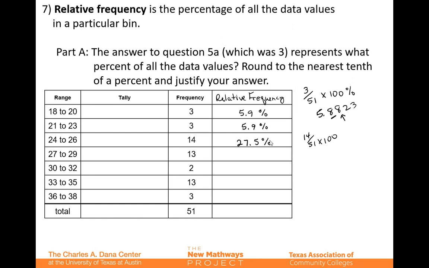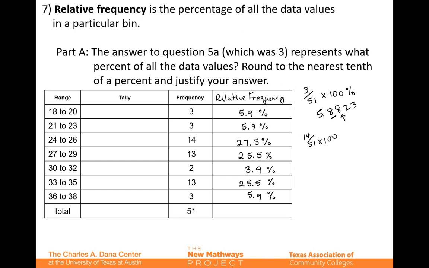When I do 13 divided by 51, that's going to be 25.5. 2 divided by 51 is 3.9. We already did 13, that's 25.5. These are all percents. And 3, of course, was 5.9.